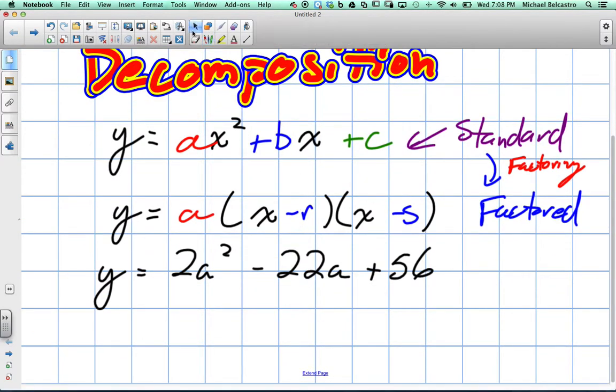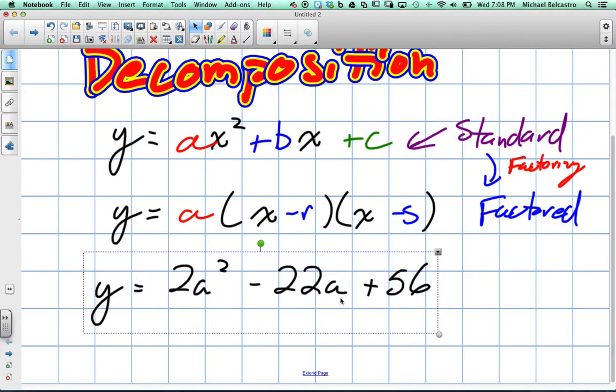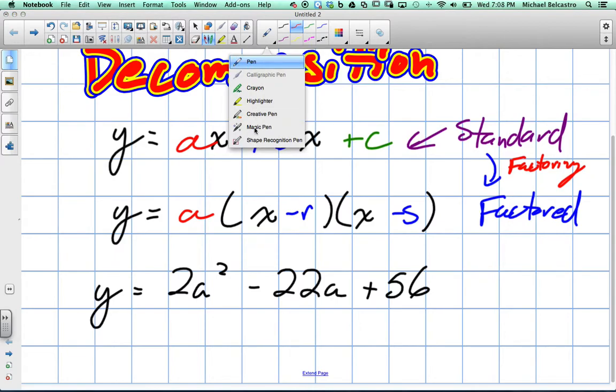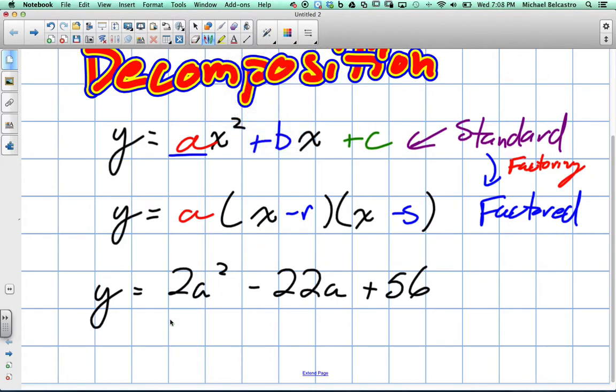In order to do decomposition, we have to recognize our standard form, which we have here, and we have to be able to tell which coefficients and constants are our A, B, and C. Okay, so in our question, which is the A coefficient? 2. Yeah, 2. What is the B coefficient? Negative 22. Yeah, negative 22. By default that makes this C, right?